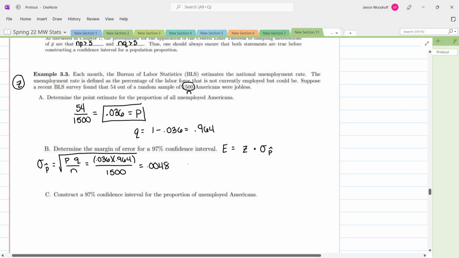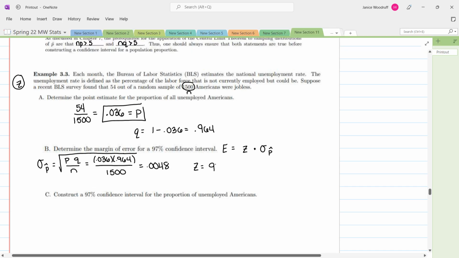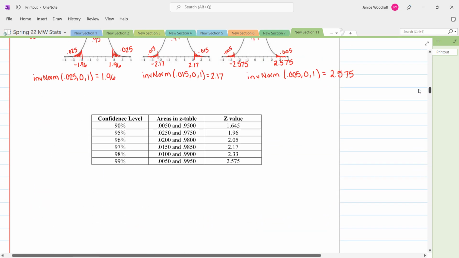Okay, then we want to find our z value that corresponds to a 97% confidence interval. Okay, so remember the chart very back in the beginning of this chapter? We scroll up. There it is, 2.17.